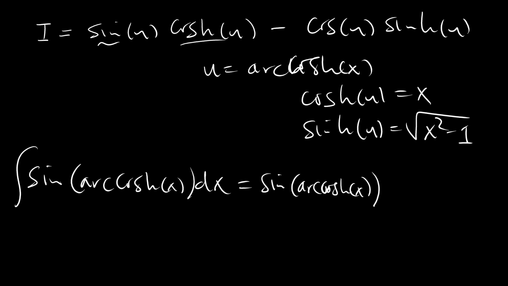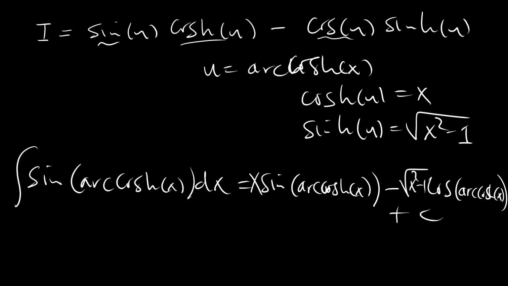Cosh u is x, so we put x there, minus cosine of arccosh of x, since sinh u is the square root of x squared minus 1.